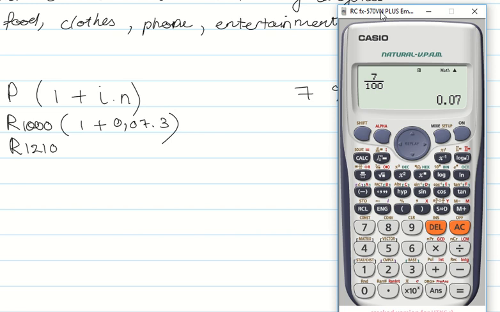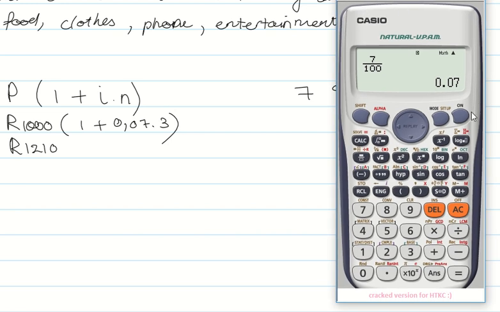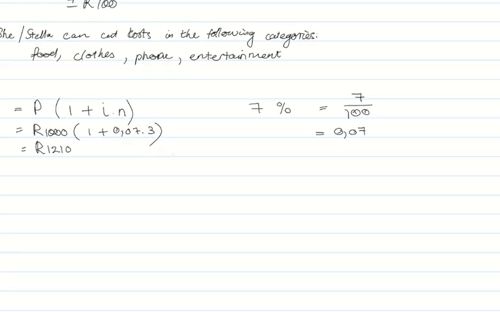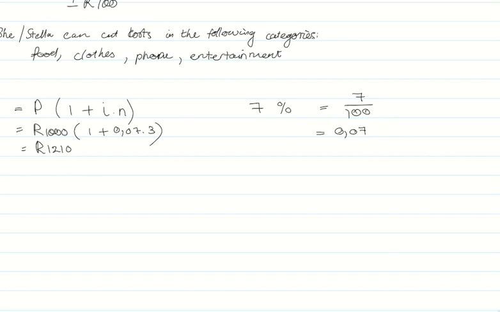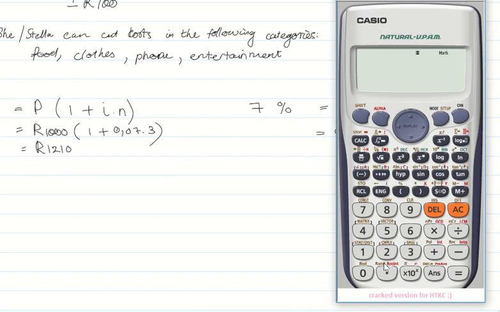Basically what I'm going to do is go to my calculator and type in the whole thing as it stands here. So I type in 1,000 Rand, and remember, although it isn't there, I want you to put in the multiplication, multiplied by bracket 1 plus 0.07 times 3, and then I close my bracket, and I get my answer of 1,210.